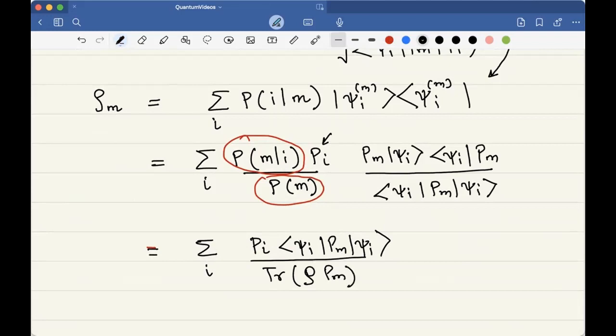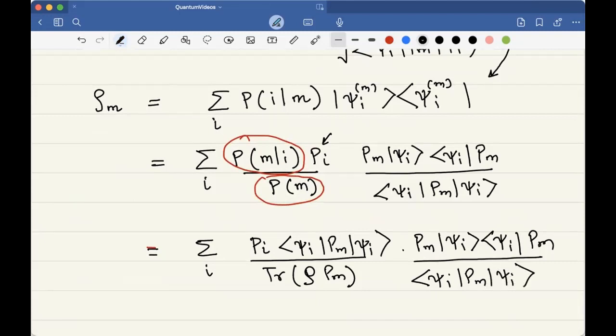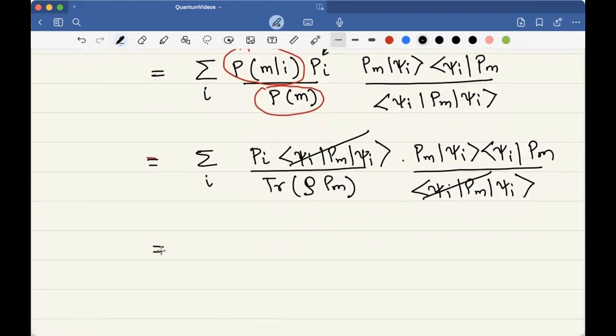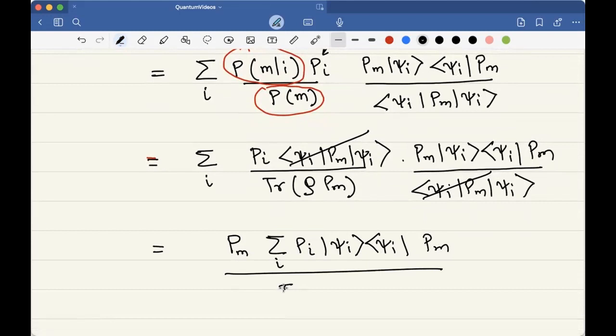And then this is going to be PM psi I PM over, this is going to be canceling out. And so I can get this PM outside, summation over I, Pi ket psi I bra psi I PM over trace of rho PM.